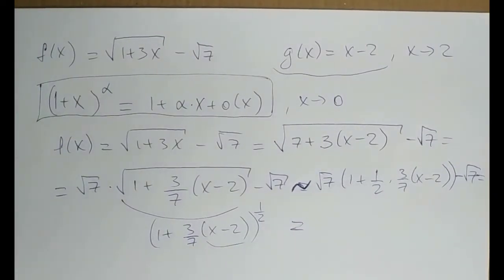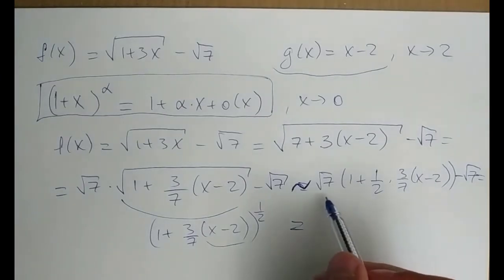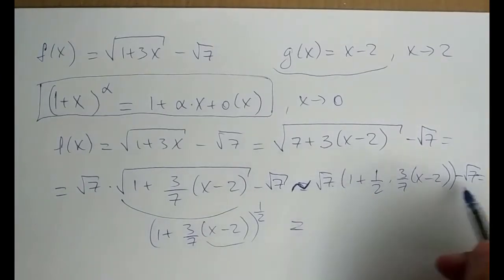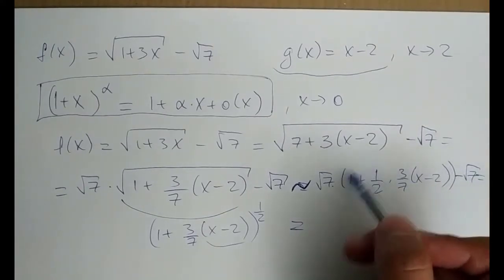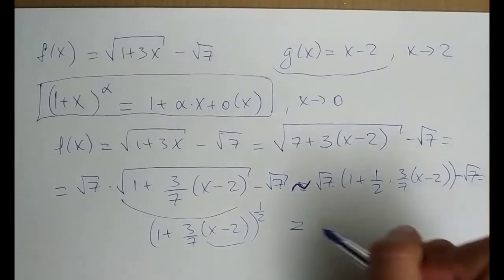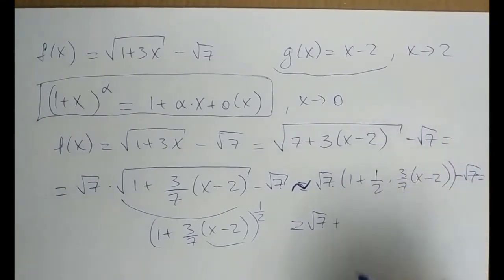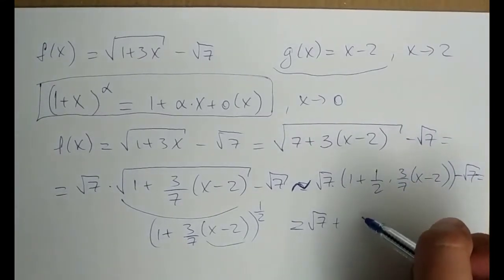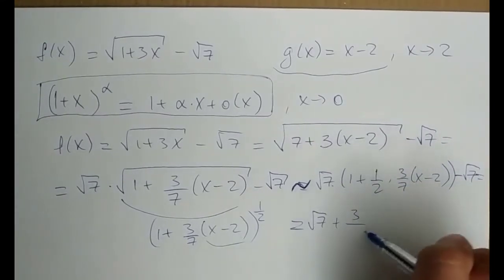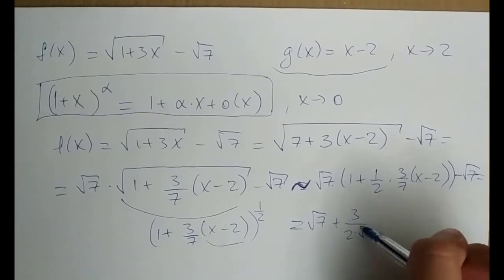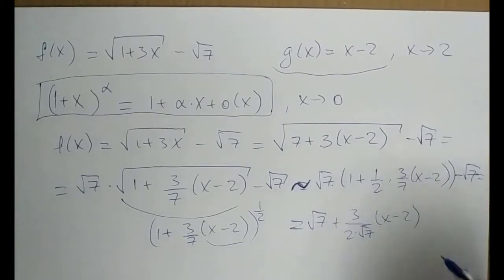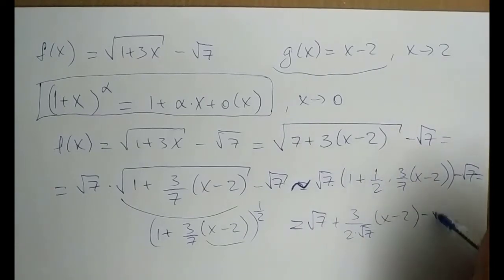If we open, look here, square root of 7 minus square root of 7, they are cancelled. Let me write. Square root of 7 plus 3 over 2 times square root of 7 times x minus 2, and minus square root of 7.